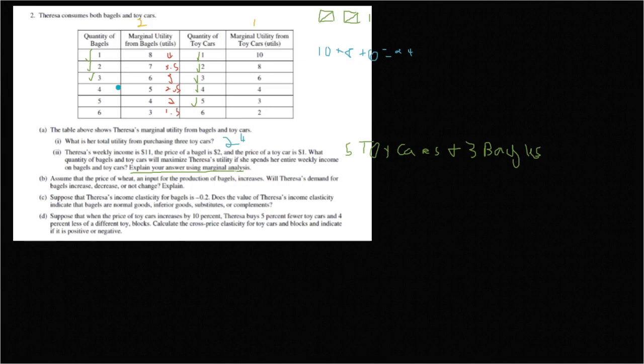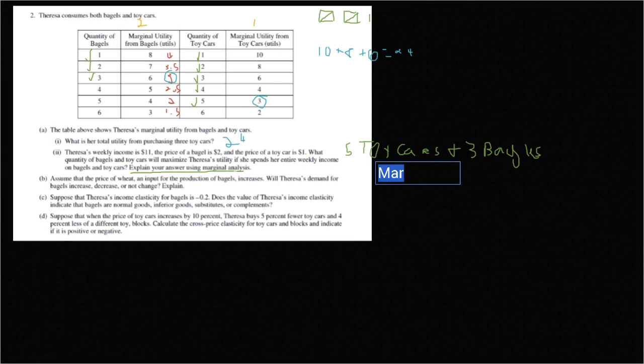So if you look here, we have the marginal utility over price, and the marginal utility over price is both 3. So you could just say that these values are equal.